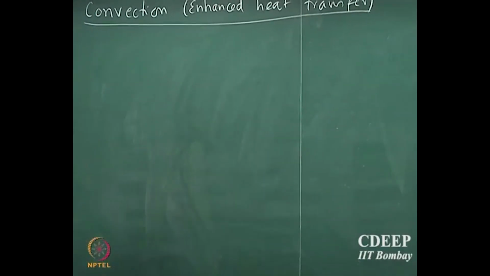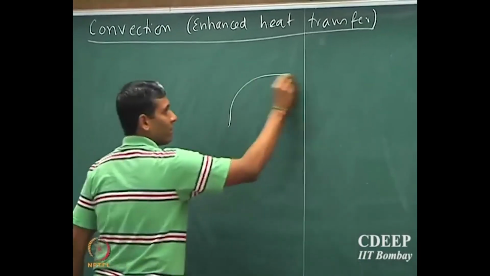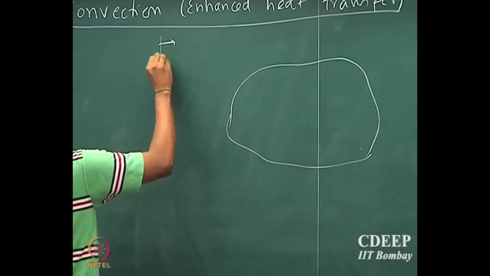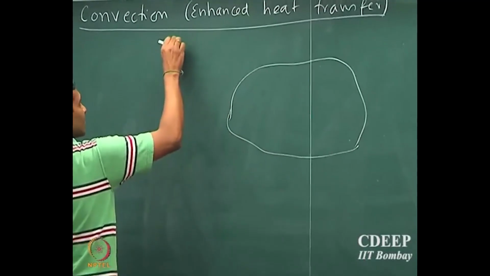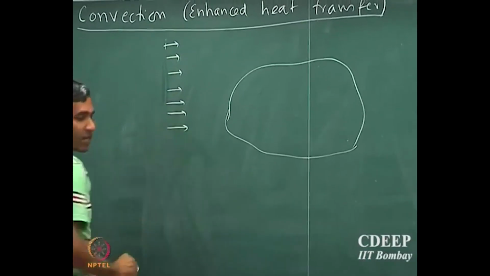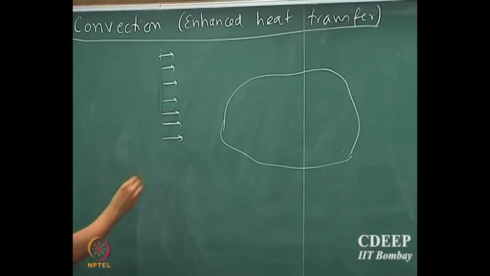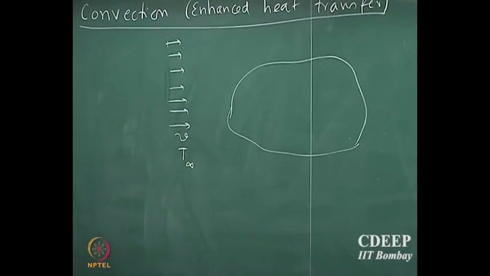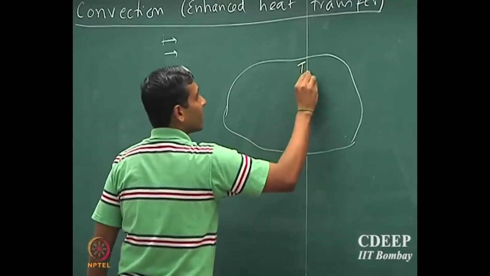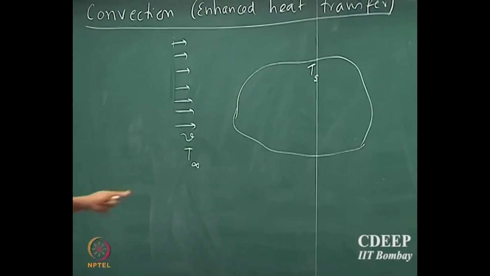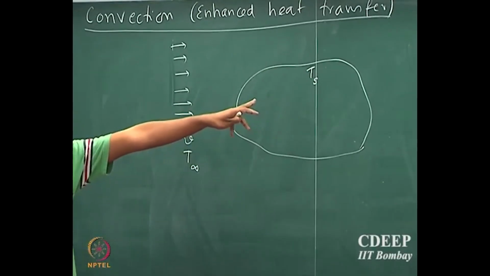Okay. So we considered an arbitrary shaped object, and there is a fluid which is flowing past this arbitrary shaped object, let us say at velocity v, and the temperature is T infinity, and let us say that we assume that the temperature of the surface is maintained at Ts. So note that these two are measurable quantities.